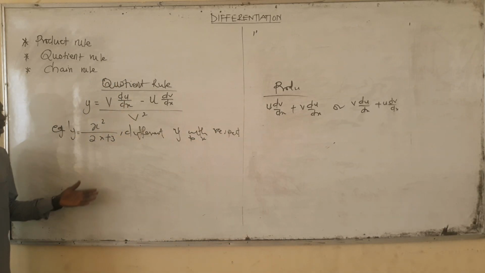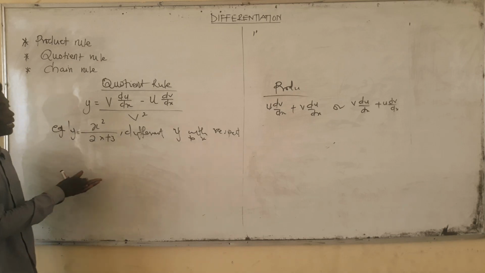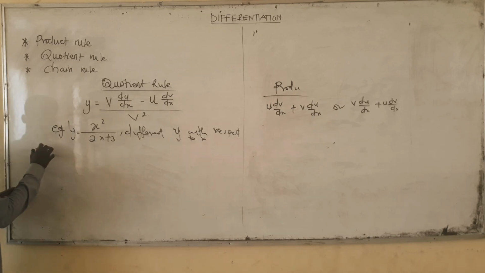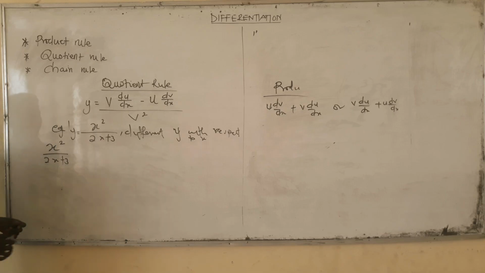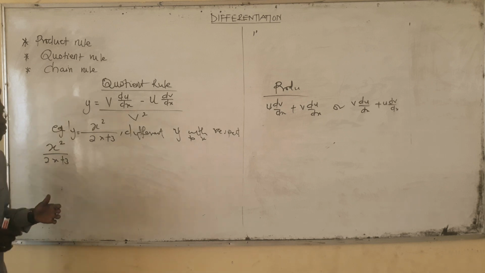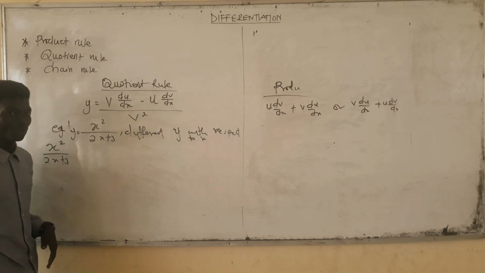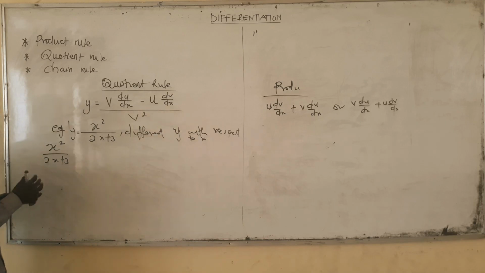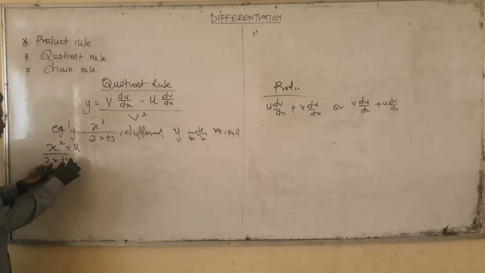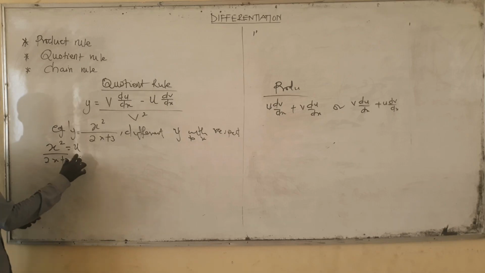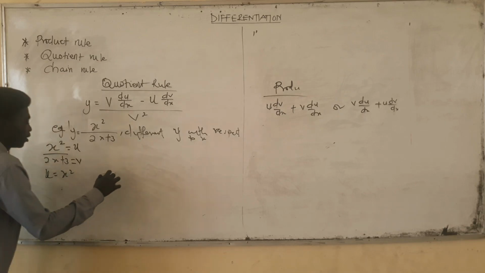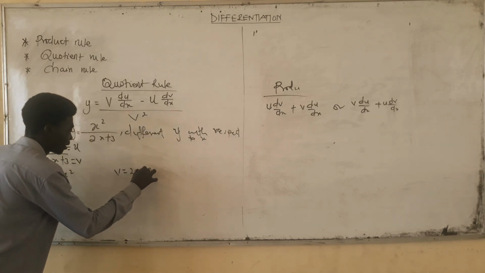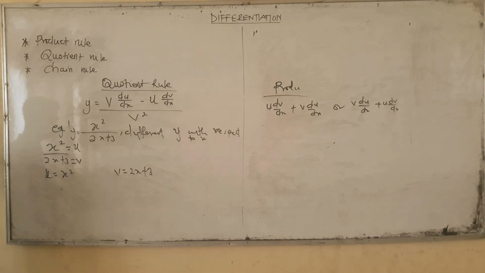As we did for the product rule, the one that comes first is our u, the second one is our v. The same applies here. The numerator is our u, and our denominator is our v. So your u here is x squared, and your v is 2x plus 3.